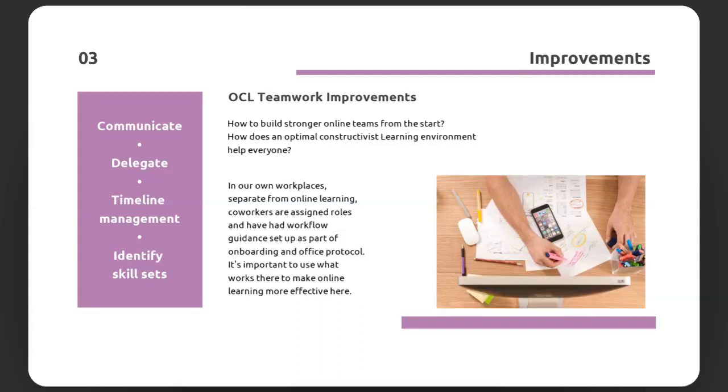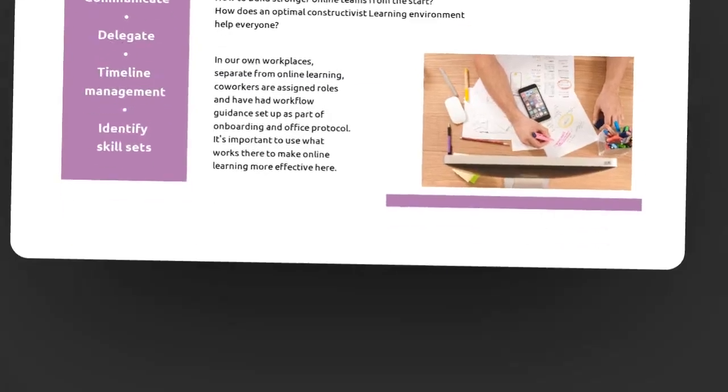In our own workplaces, separate from online learning, coworkers are assigned roles and have had workflow guidance set up as part of onboarding and division protocol. It's important to use elements of what works there to make online learning more effective here. That way, we can build a stronger online team from the start of each project.